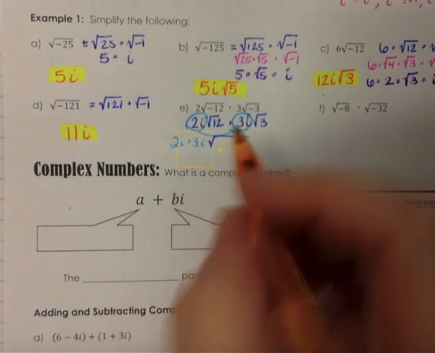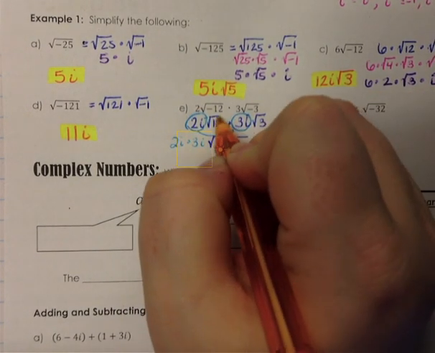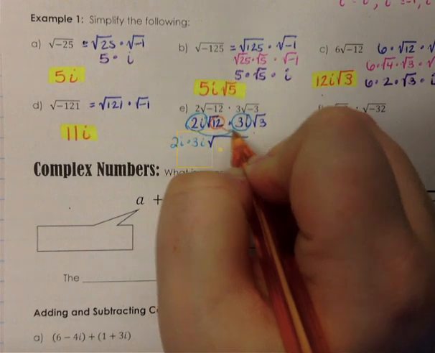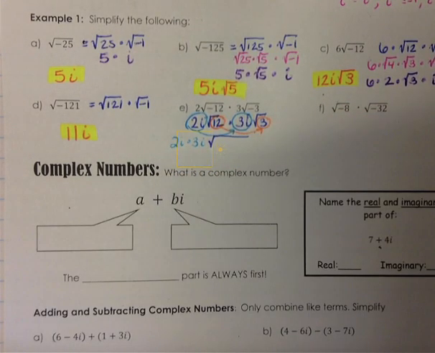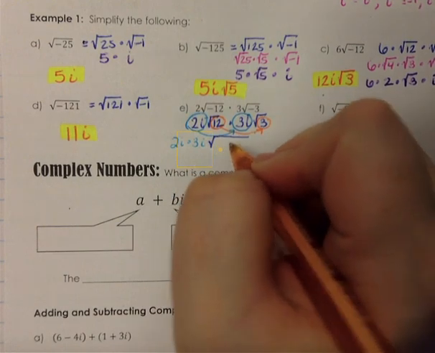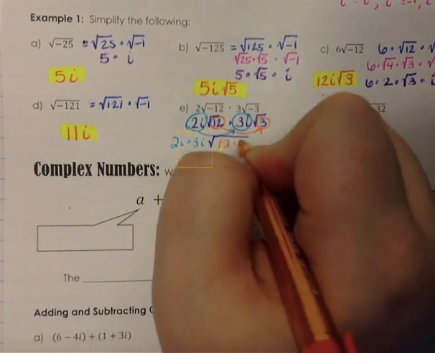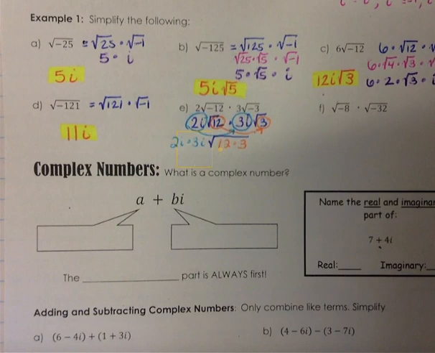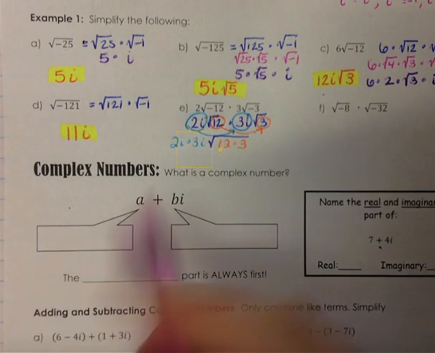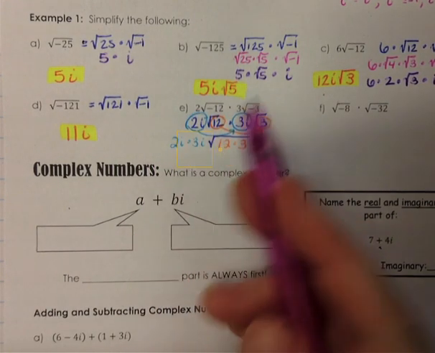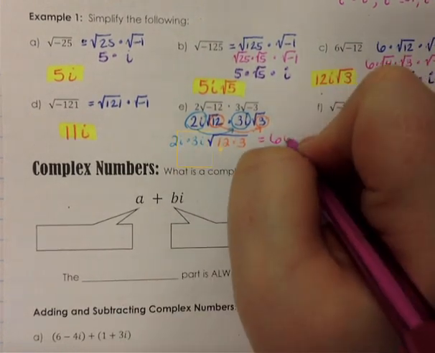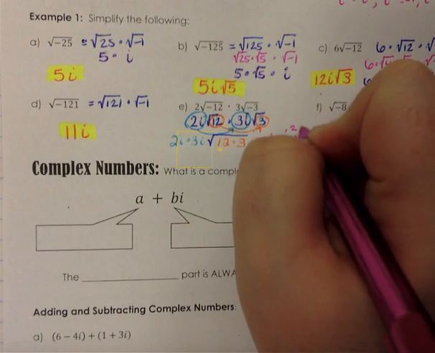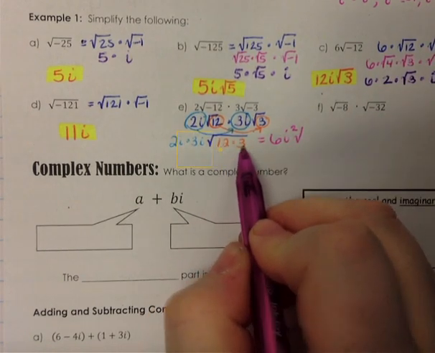Then we multiply the radicands to each other. So 12 times 3, I'm going to put inside the radicand still. This becomes 2i times 3i. So 2 times 3 is 6. i times i is i squared. Square root of 12 times 3 is 36.